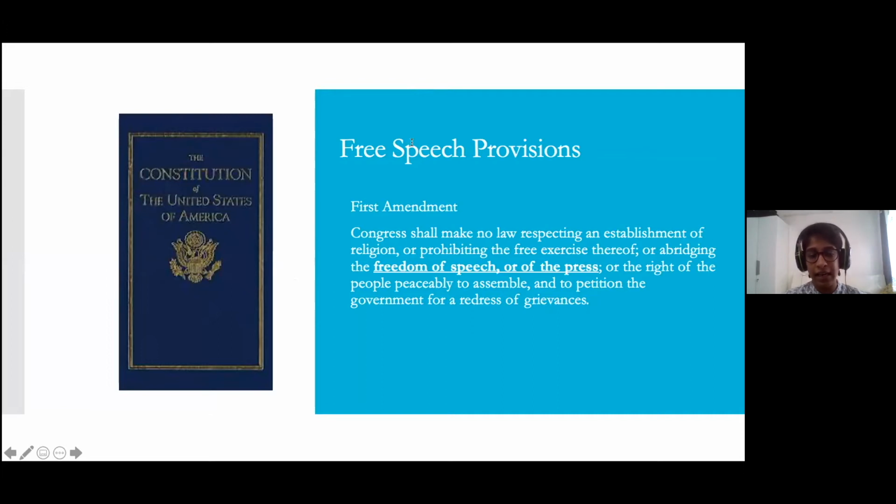It states, and I'll read it out, Congress shall make no law respecting an establishment of religion or prohibiting the free exercise thereof, or abridging the freedom of speech or of the press, or the right of the people peaceably to assemble and to petition the government for a redress of grievances.